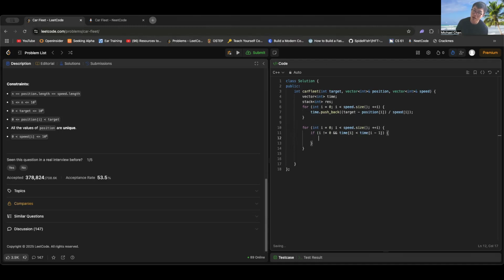Smaller than, if that one is smaller than the previous one. No, if it's bigger than the previous one, right? It takes longer.